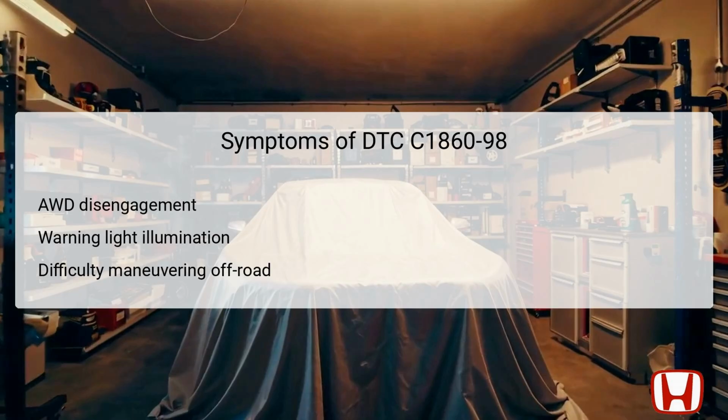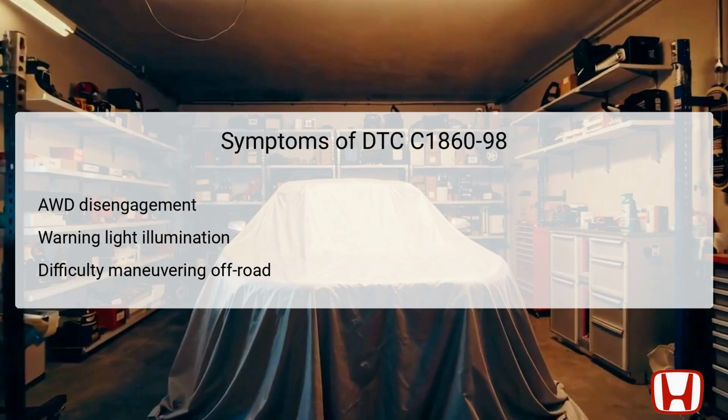When DTC C1860-98 is present, several symptoms may be observed that can signal issues with the AWD system. One of the primary indicators will be the disengagement of the AWD system, negatively impacting traction, especially in off-road conditions.